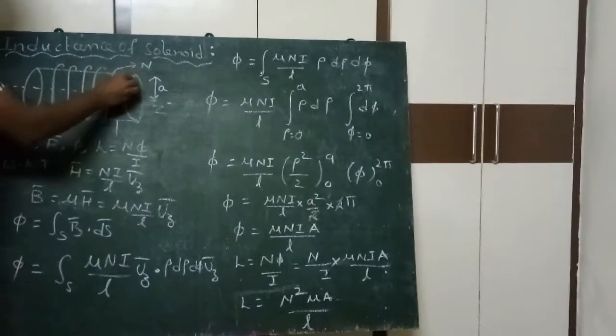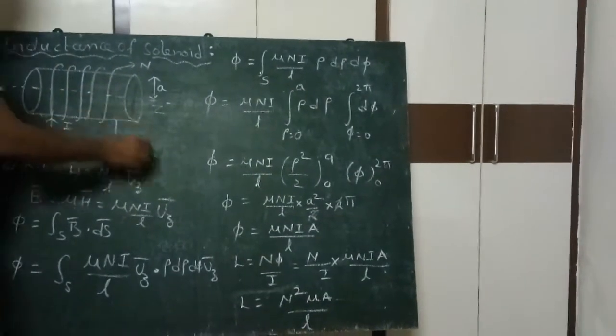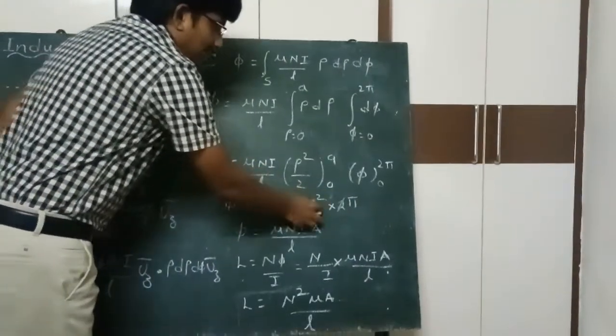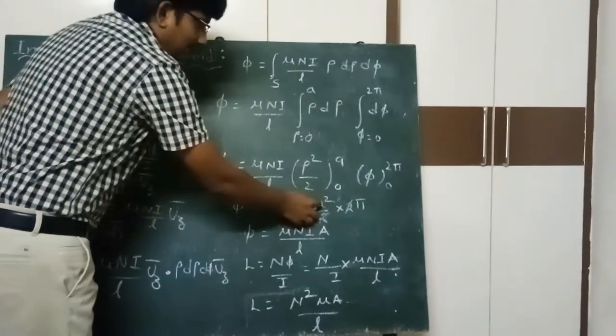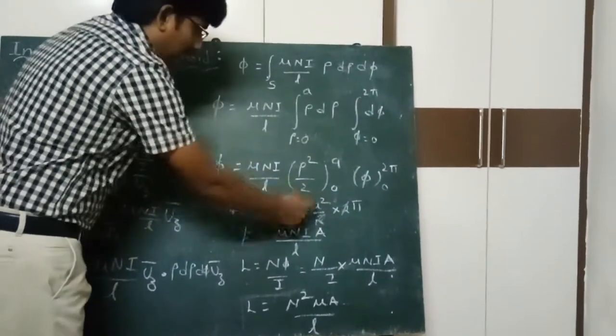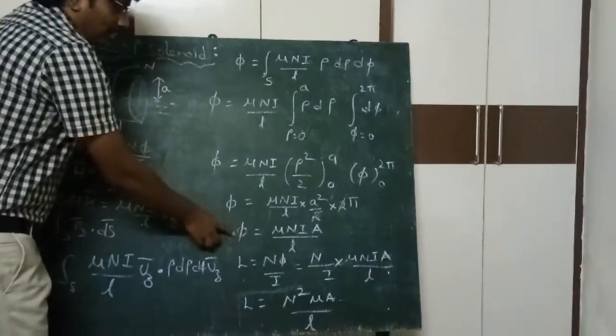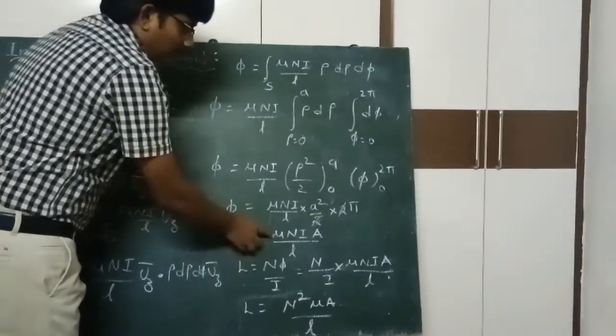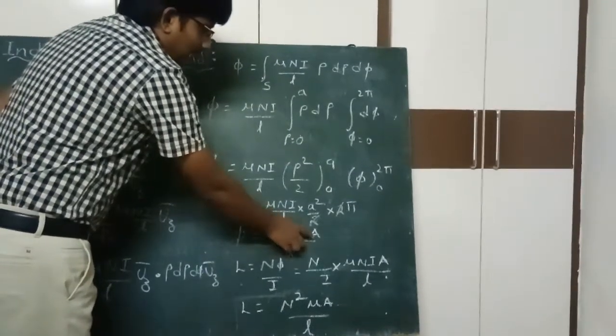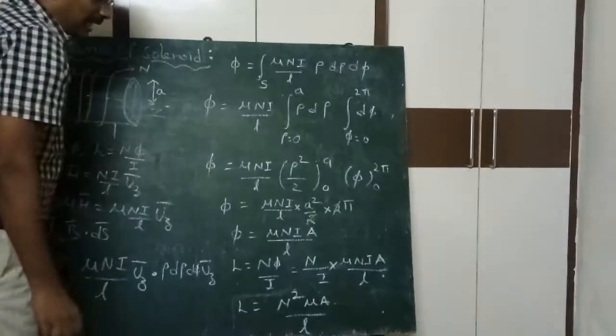The cross section area of a cylinder is a circle, so pi a square is the cross section area, where a is the radius. So the flux produced by the solenoid is phi equals mu N I A divided by L.